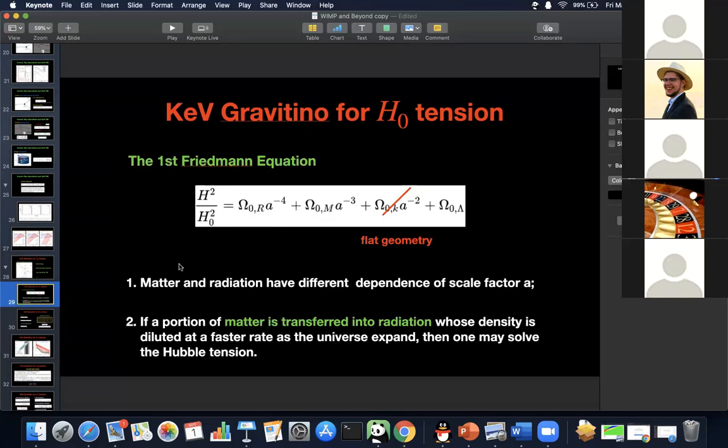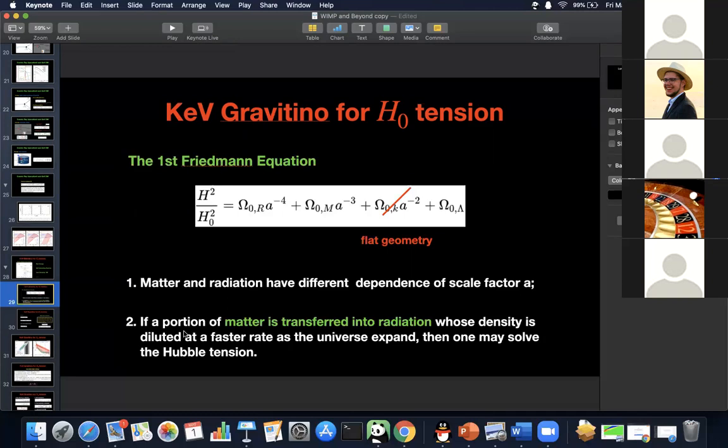There is a very interesting thing: the matter and radiation densities have different dependence on the scale factor. One is a^-4, one is a^-3. That gives us a chance to play the game to solve the H0 tension.